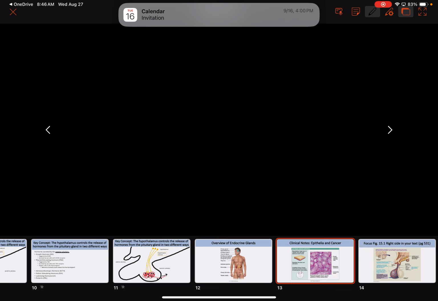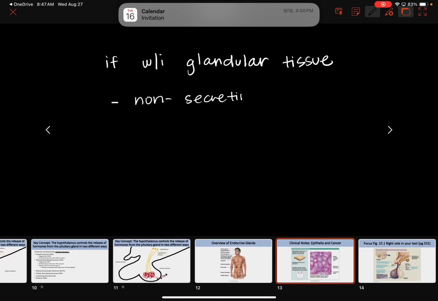Okay. So if the cancer of this epithelial tissue is within glandular tissue, so like our endocrine glands that are making these hormones, it can either be a non-secreting tumor, and with a non-secreting tumor, cells lose their ability to secrete those hormones.